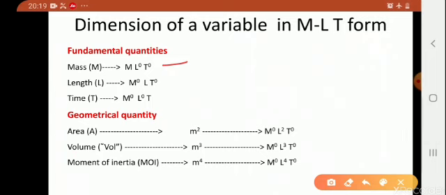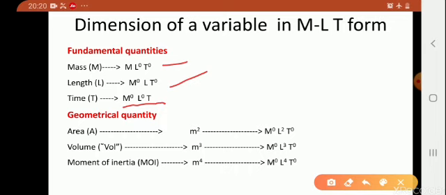Next is length. Length is L here, whereas the other two, M and T, get the power 0. Then time T is raised to 1, and L and M are raised to 0. This is how any parameter can be expressed in MLT form.